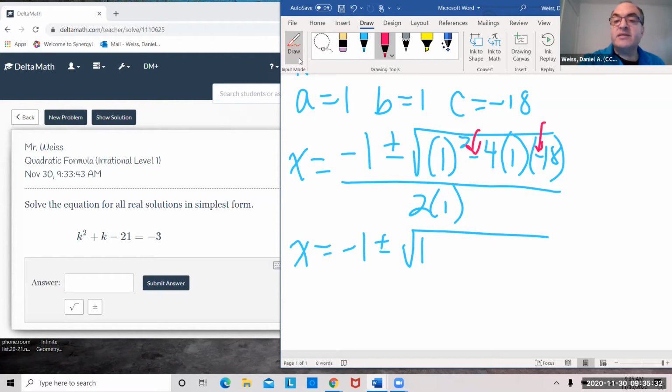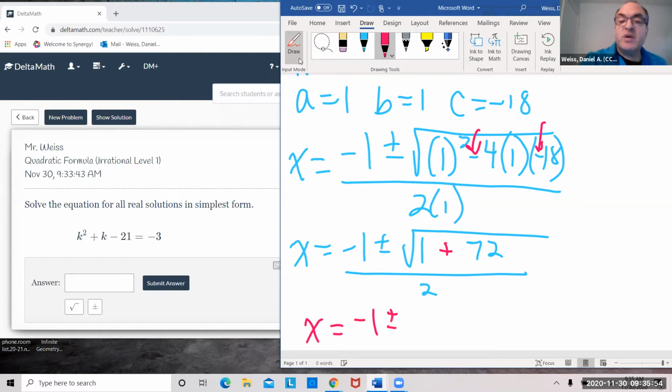Minus times minus is going to make plus here. 4 times 1 is 4. 4 times 18 is 72. All over 2. Answer, x equals -1 plus or minus square root 73 all over 2.